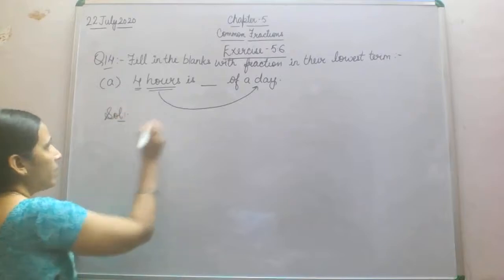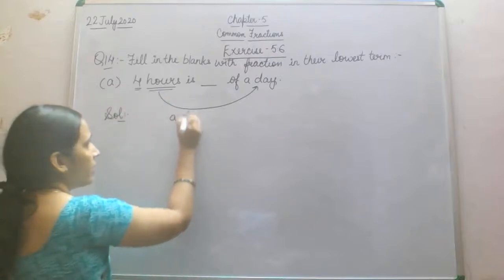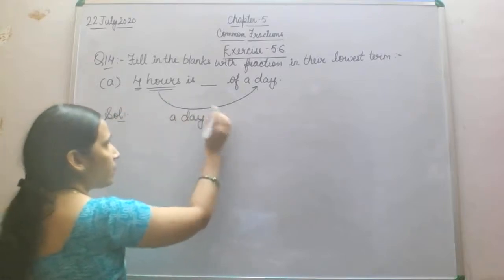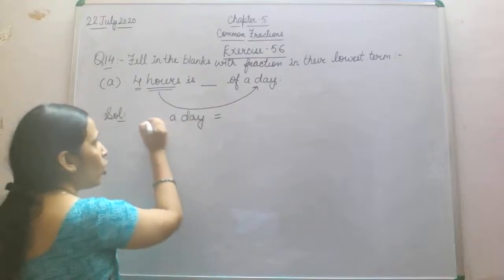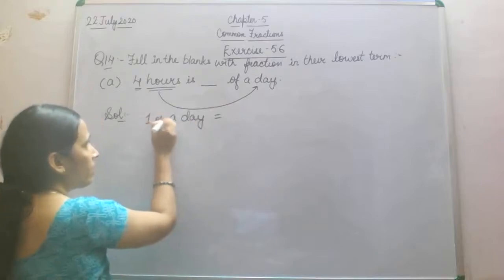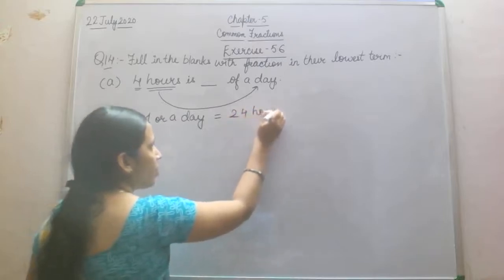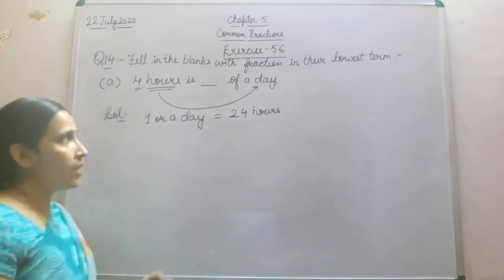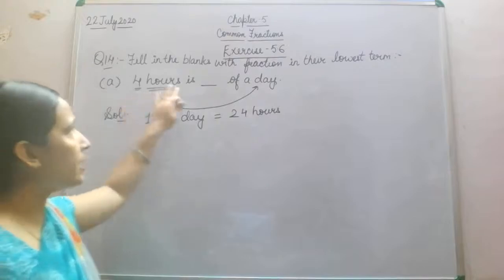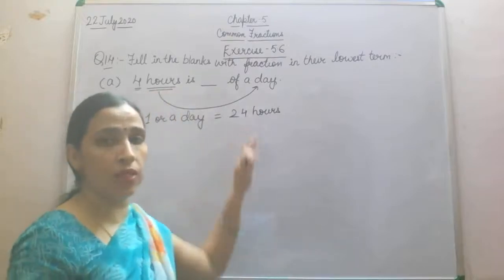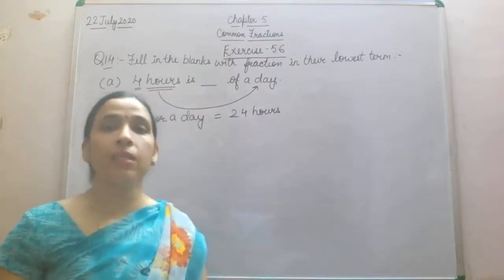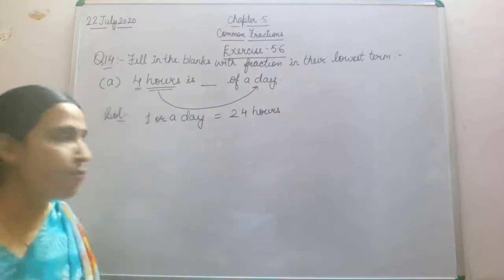We will write, as we were writing in the previous question, 1 day is equal to 24 hours. So now we have to find that 4 hours is what fraction of 24 hours? 1 day is equal to 24 hours.